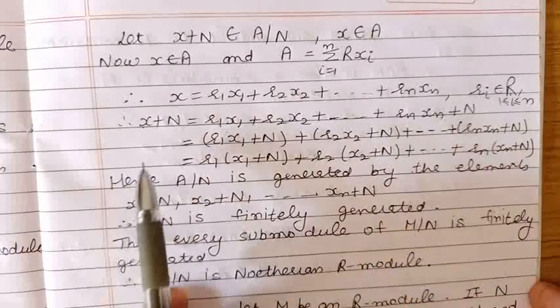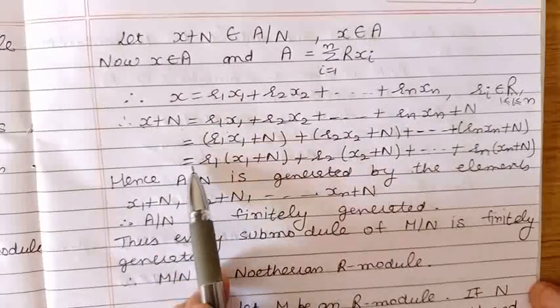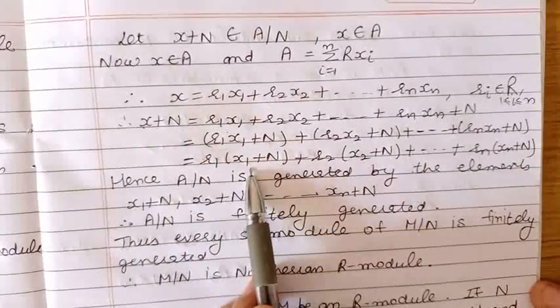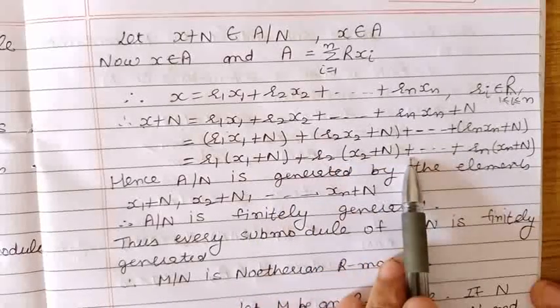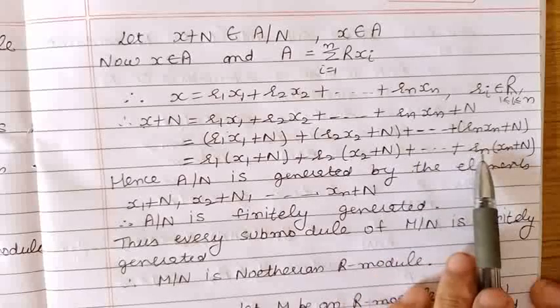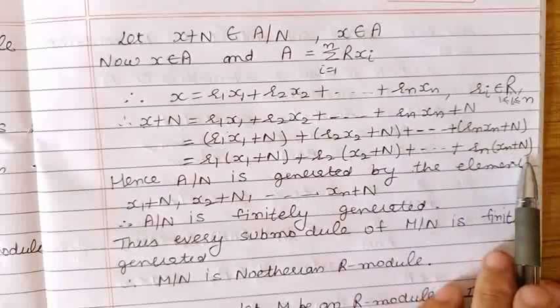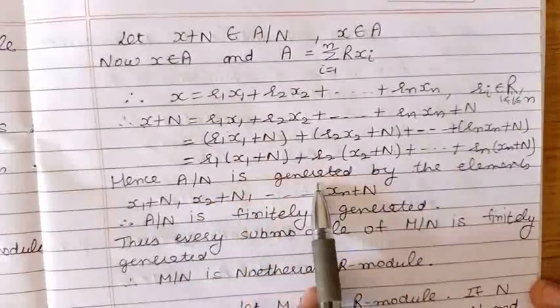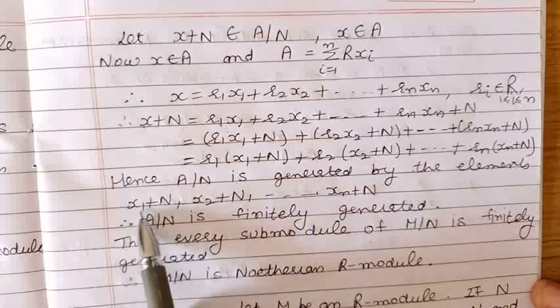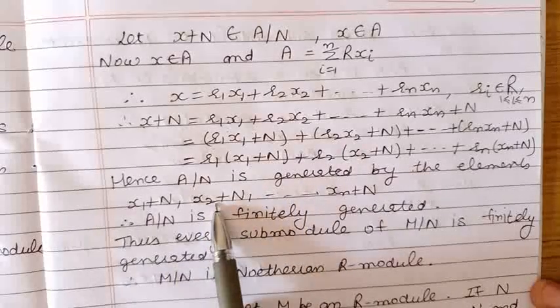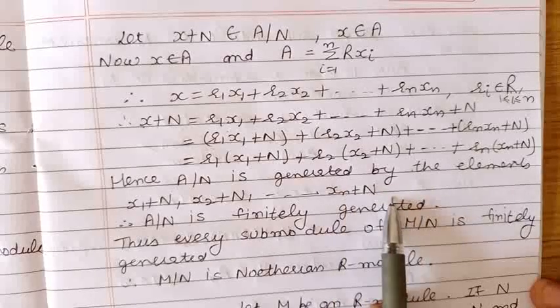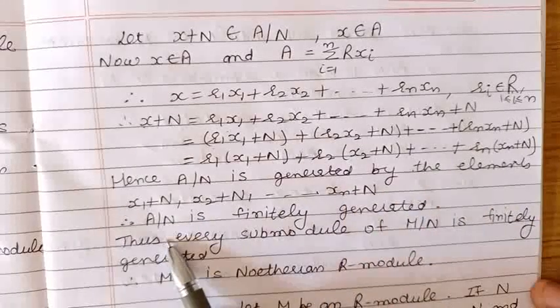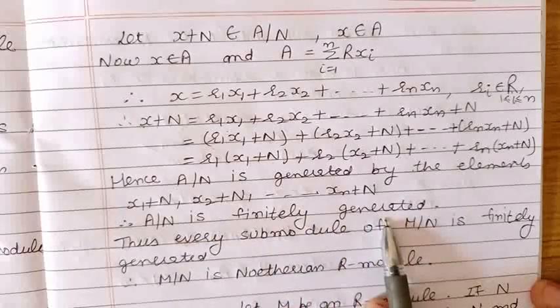So we have written x plus N in the form r1 into (x1 plus N) plus r2 into (x2 plus N) plus r3 into (x3 plus N) and so on up to rn into (xn plus N). Thus, we have proved that A by N is generated by the elements x1 plus N, x2 plus N, x3 plus N and so on up to xn plus N. So this proves that A by N is finitely generated.